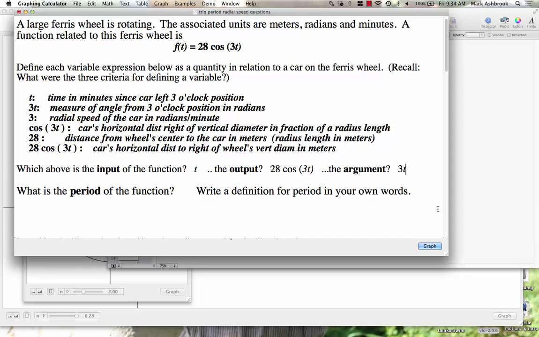Okay, did you find the period of the function? How do you find the period of the function? Aiden. And how do you do that? Good. That's right. So set what equal to 2 pi? And what's the angle?